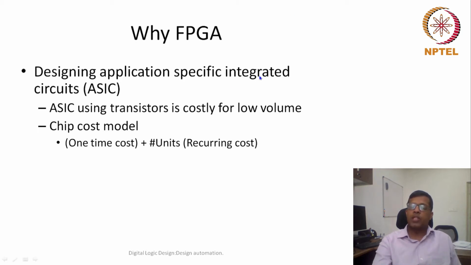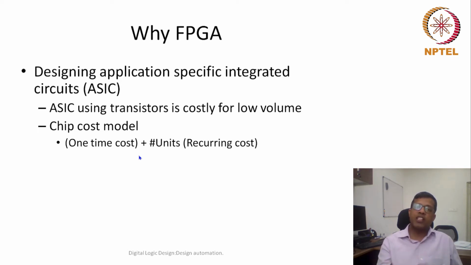It would be costly only if the volumes are low, because this one-time cost of designing the mask or setting up the design is very, very high. It runs into millions and hundreds of millions, or sometimes thousands of millions.